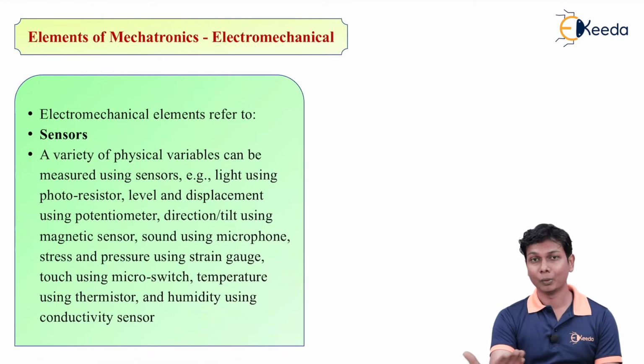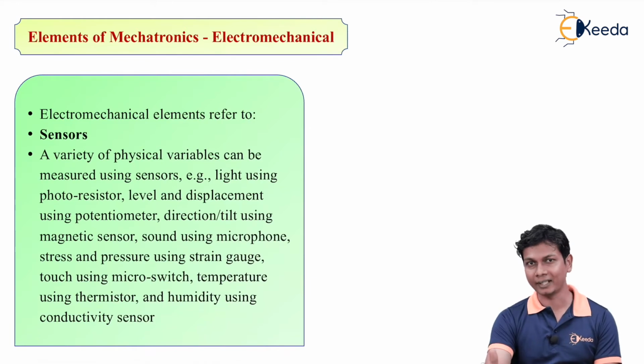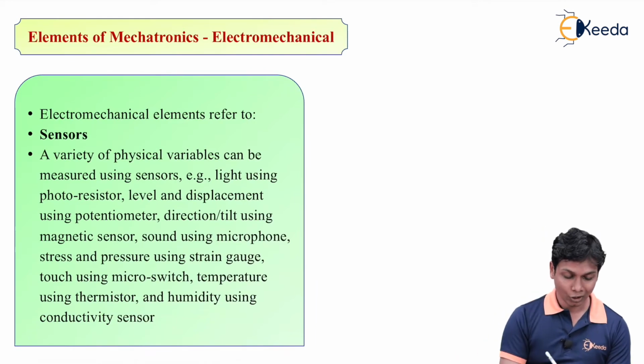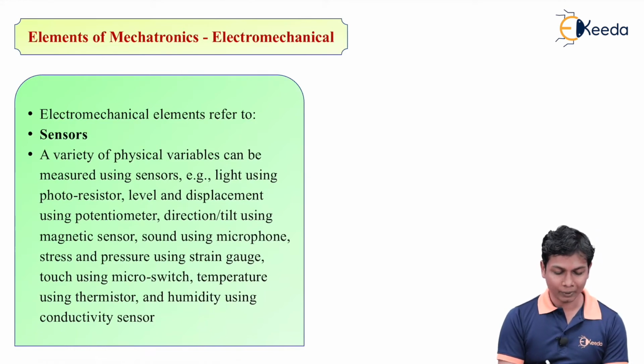As you know, the basic part of the sensor is that it senses the physical parameters, where light, temperature and acceleration are the examples. So what are the various sensors? Physical variables can be measured using sensors.